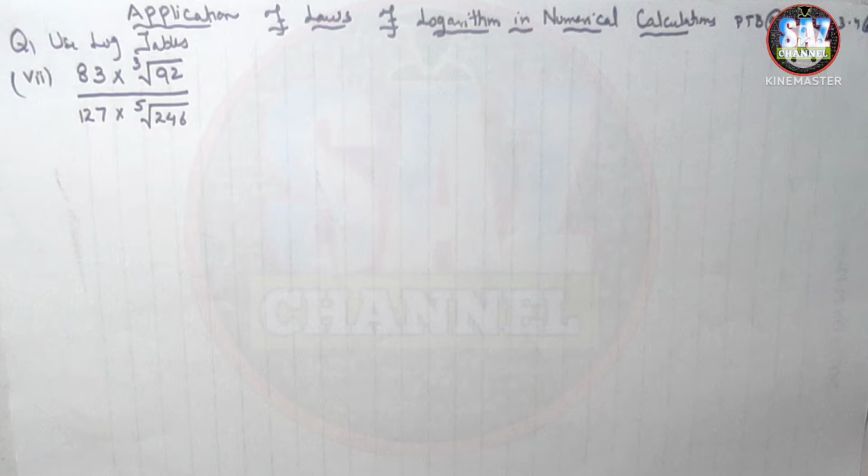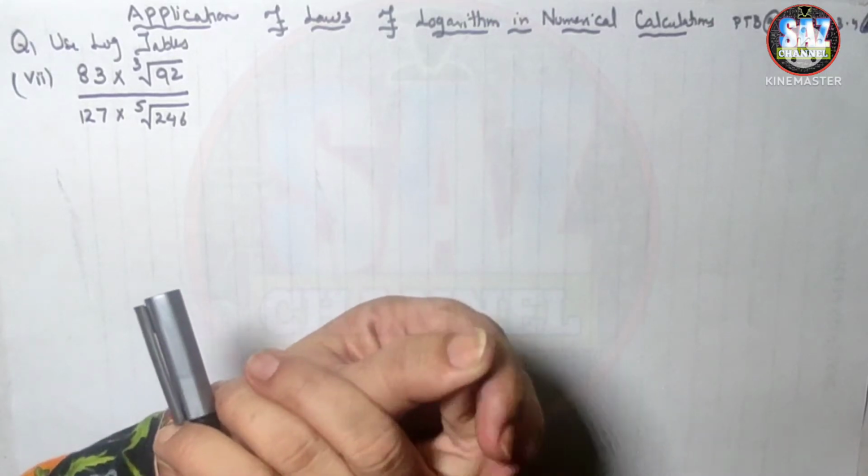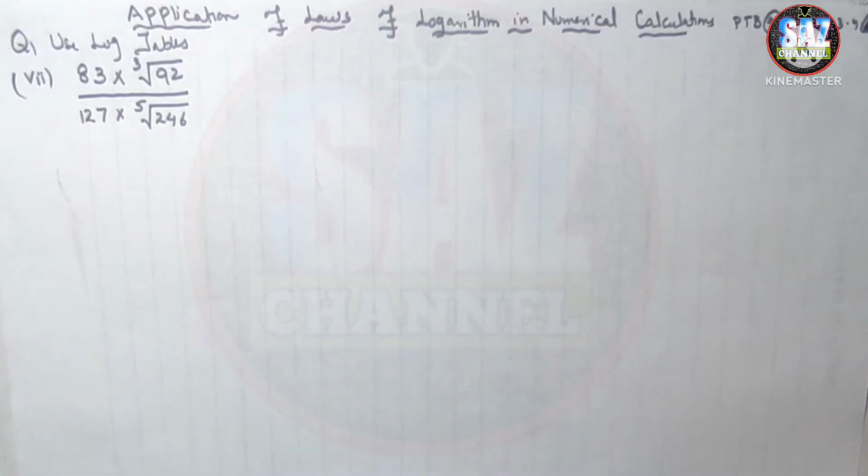For better understanding of this exercise, you should have a good idea about what the log of a number is, how to find the log, what characteristic and mantissa are, what the scientific notation of a number is, how to find the antilog, and then the laws of logarithm: the multiplication and division law, the power law, and the change of base law.